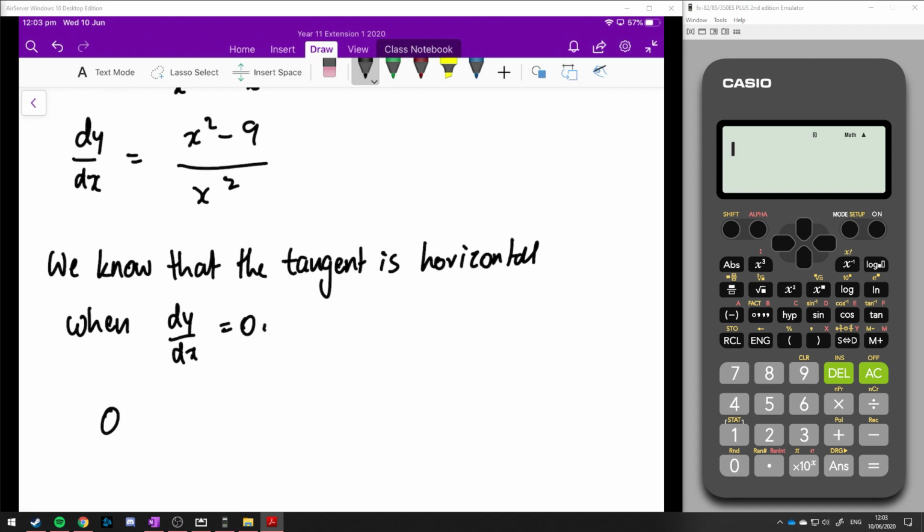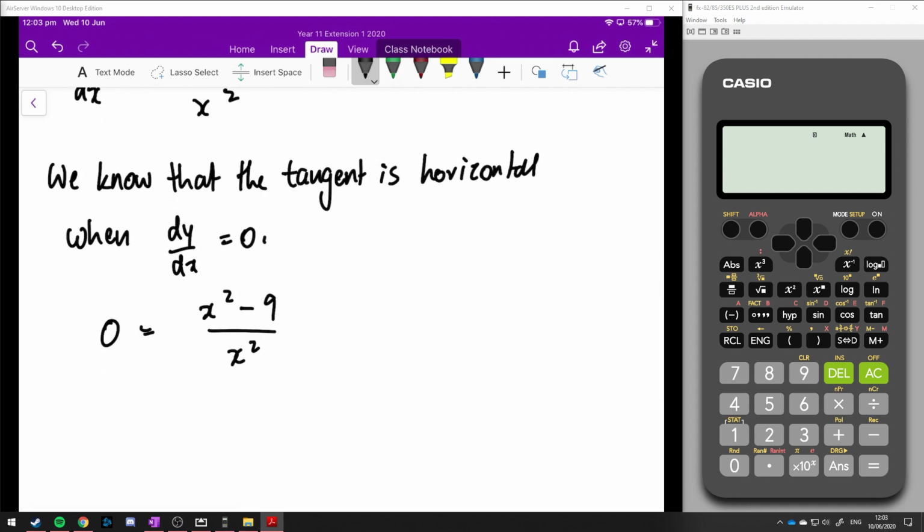So that is 0 is equal to (x squared minus 9) on x squared. Now this fraction is only 0 when the top part is equal to 0, because we can't have the bottom equal to 0, since then it's undefined. But any fraction is equal to 0 when the top of it is 0. So therefore, we need 0 to be equal to x squared minus 9.